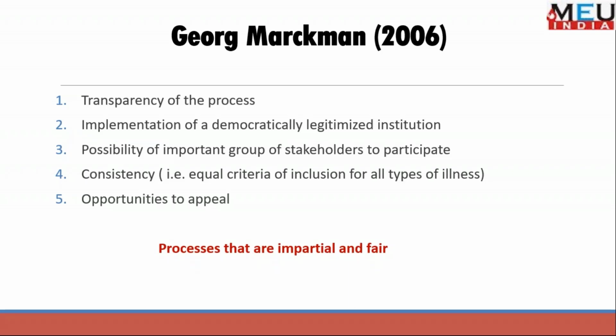I've just made it a bit simplistic to understand procedural justice. So even if you're the medical superintendent, if there is some particular decision that you take, there should be some process in it, so that justice is served for whatever decision you have taken. So this is about procedural justice.